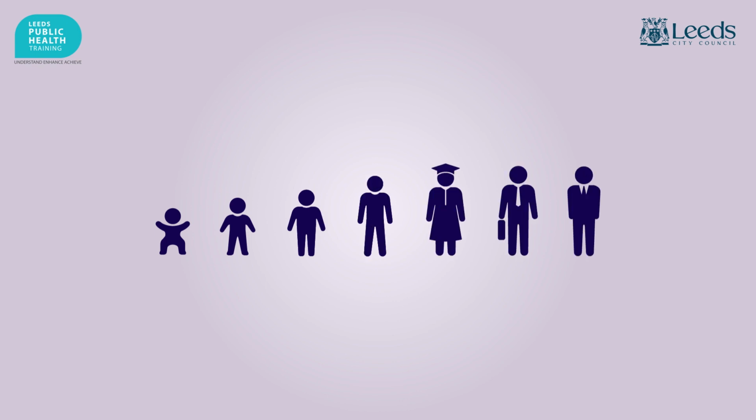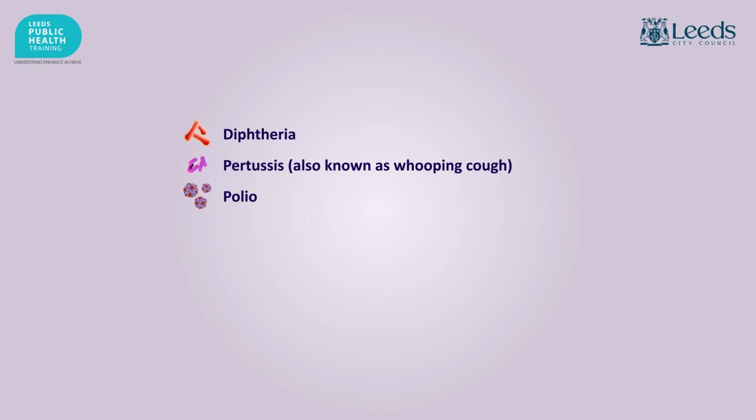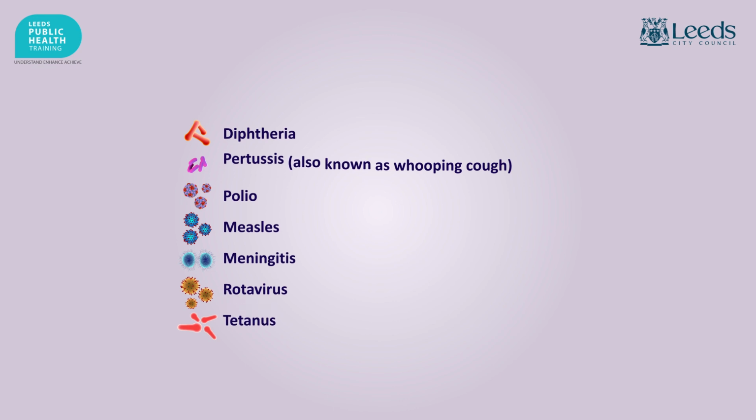Many important vaccinations that offer our lifetime protection are given during the childhood and adolescent years, where we receive immunisation for 18 infectious diseases. These include diphtheria, pertussis, also known as whooping cough, polio, measles, meningitis, rotavirus, and tetanus.